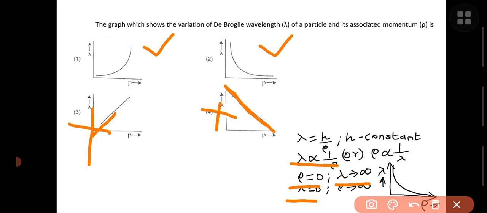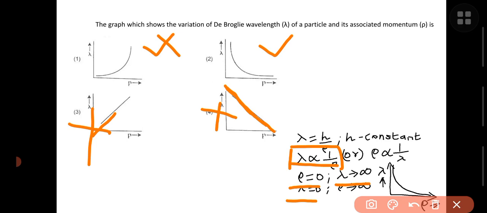Here, according to the relationship, lambda is inversely proportional to the momentum. When momentum becomes zero, wavelength goes to infinity. In option 1, when momentum becomes zero, wavelength also becomes zero. So we can cancel out option 1. So what is remaining? Option 2 is remaining.